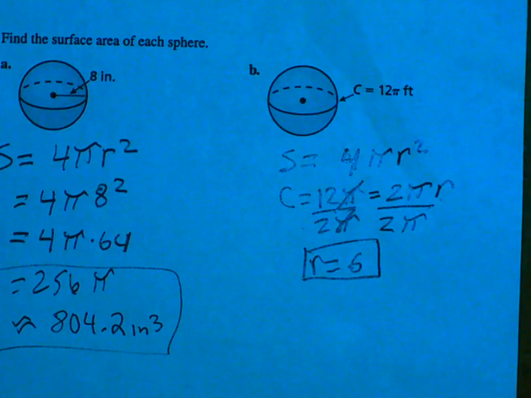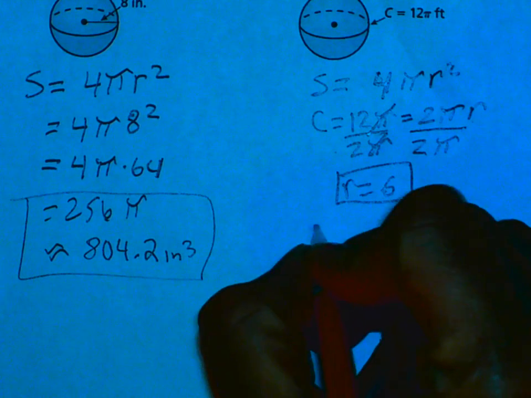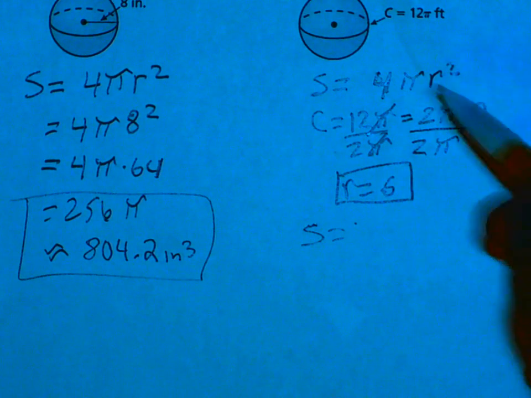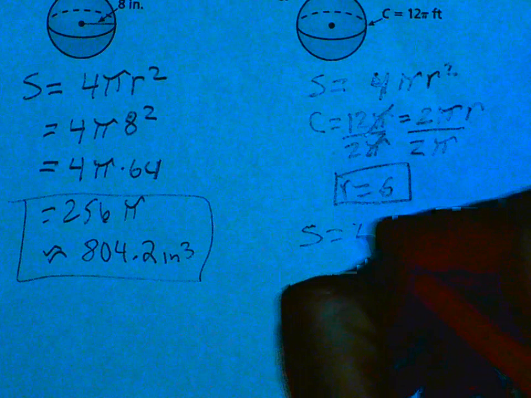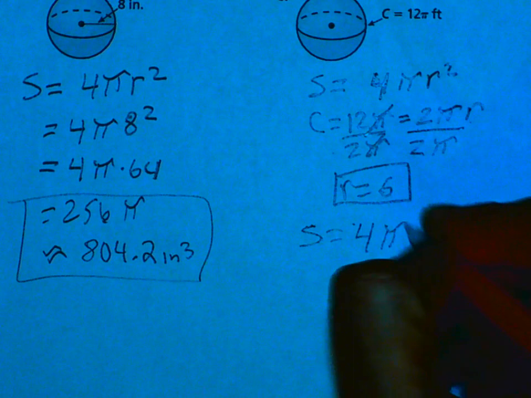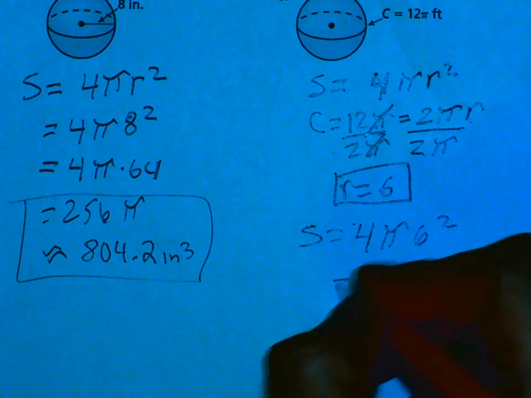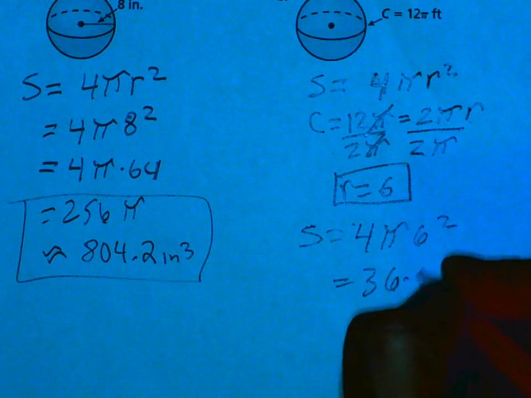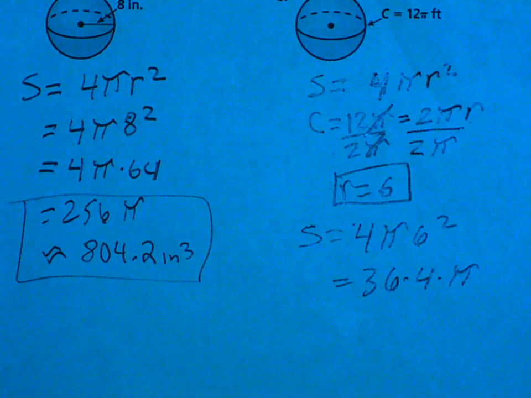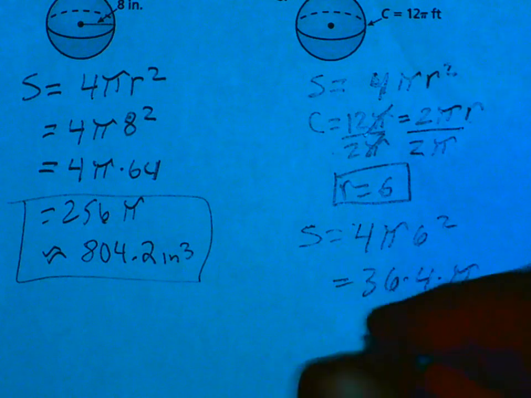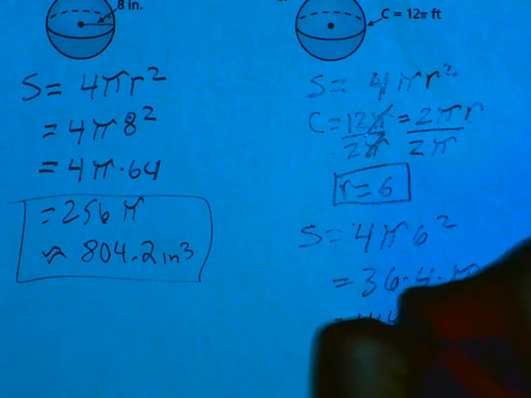Now with that, I can go ahead and find my surface area. Surface area, we said it was going to be 4 pi r squared. That's going to be 4 pi 6 squared. So that's going to give me 36 times 4 times pi. So 36 times 4, that's 144 pi.